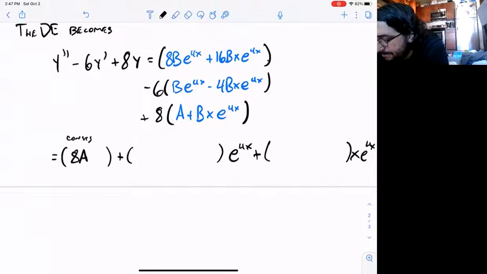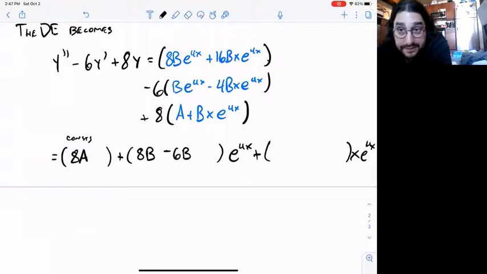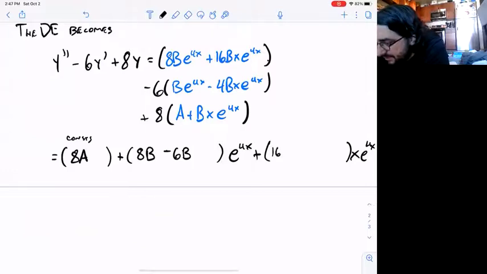Now, for e powers, what do we have? Well, in the first equation, we have 8b as our coefficient on the e power. In the second equation, we have negative 6b as our coefficient on the e power. Then we have these x e powers. In the first, I have a 16b.